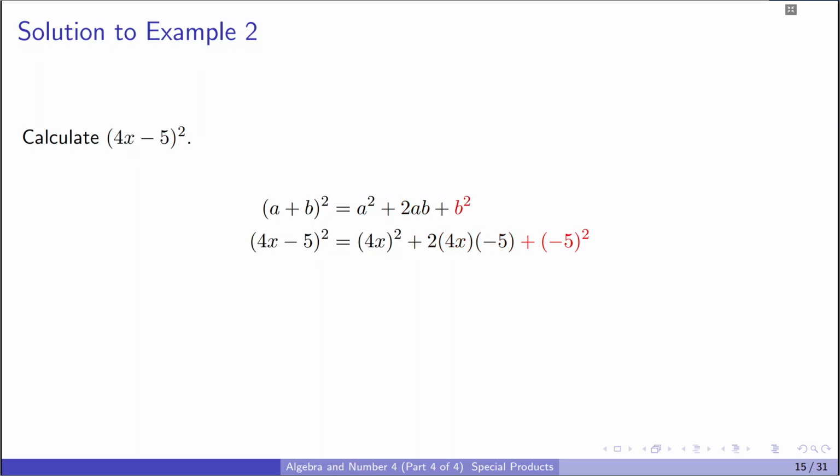So we're substituting in. Now (4x) all squared gives us 16x squared. 2 times 4x times negative 5 is a negative 40x. And then negative 5 squared, that's negative 5 times itself. Negative times negative is positive. This is positive 25. There, we have expanded this perfect square.